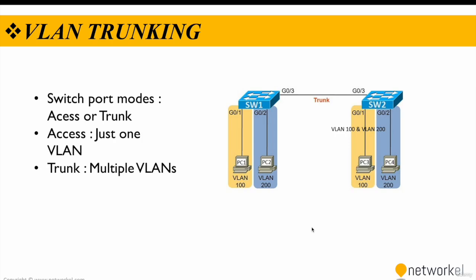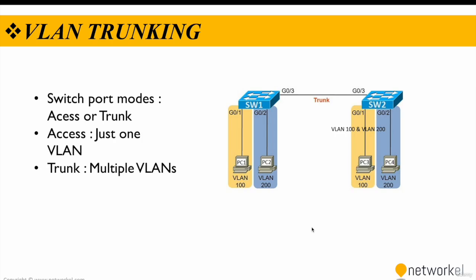So it is used to connect end devices like computers and printers to the network, and all traffic from an access port is tagged with the VLAN ID assigned to that port. The port does not add VLAN tags to the frames. It sends out or removes VLAN tags from frames it receives. So the frames are sent in an untagged format.